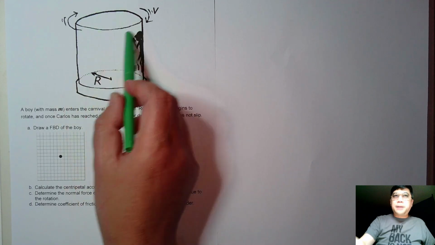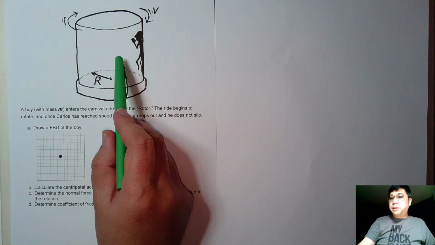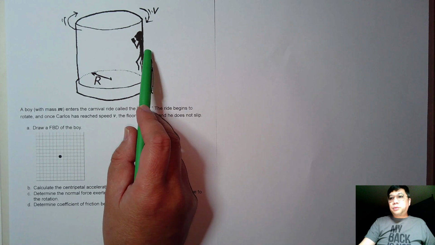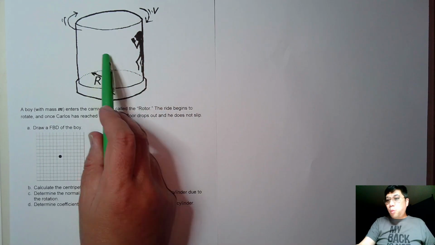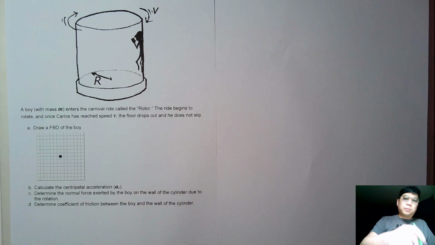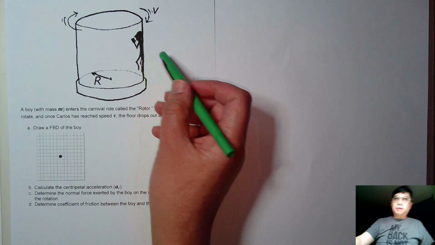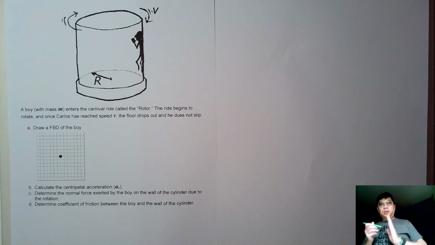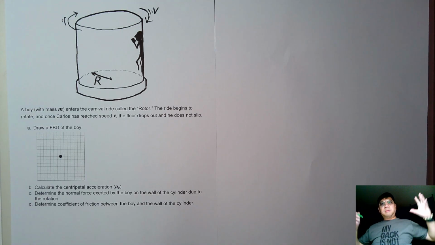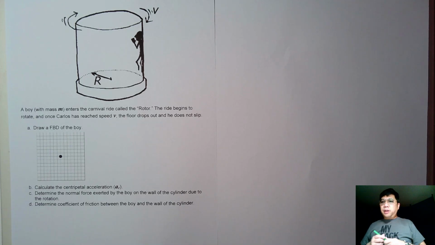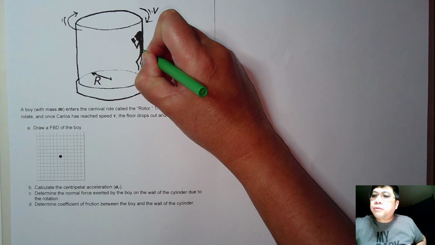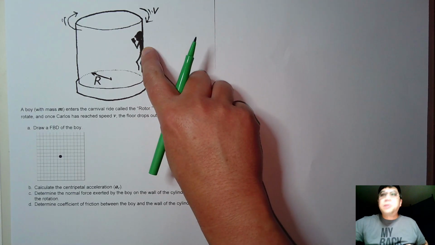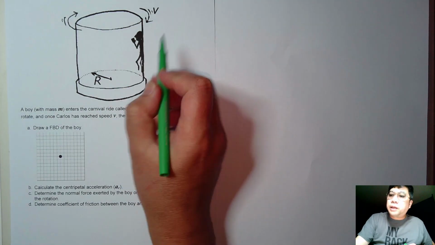As it spins, again, just like I mentioned earlier, it will push you outwards, and because of the wall, it will prevent you from pushing away. Now you have two forces acting on you, and that's why you are stuck on the wall. But because of another force called gravity, there should be something that will prevent you from falling.